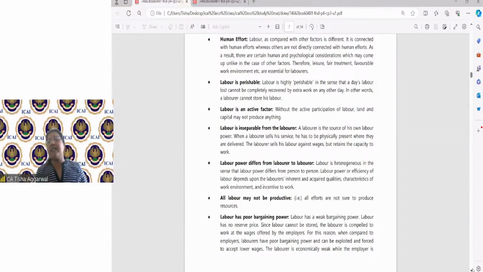Third, it is an active factor. This is the fundamental point that until and unless labor is involved in anything, none of the other resources work. Be it fund, that is the capital, be it the land.